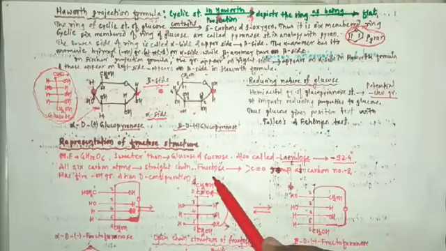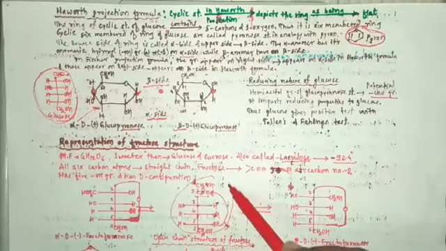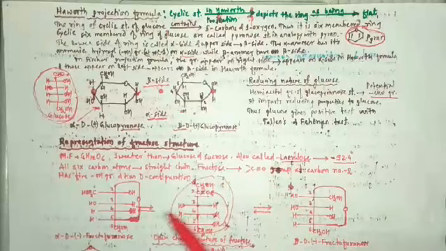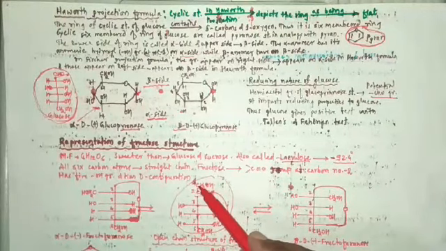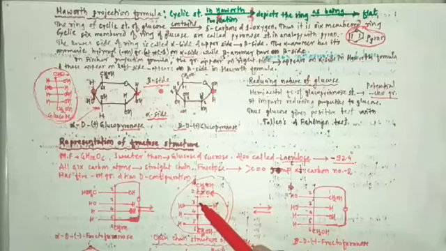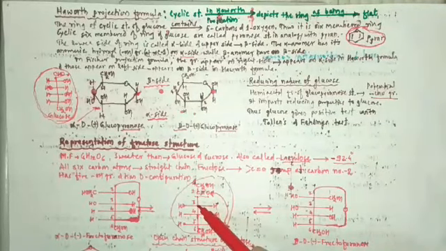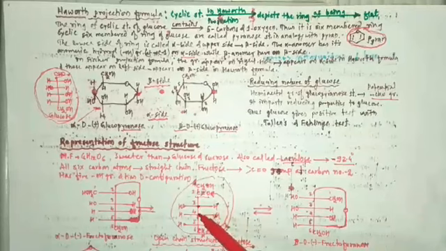So see the structure of fructose. In fructose, all 6 carbon atoms, this is first, this is second, then at the point of intersection there is the carbon atom, this is third, fourth, fifth and sixth.